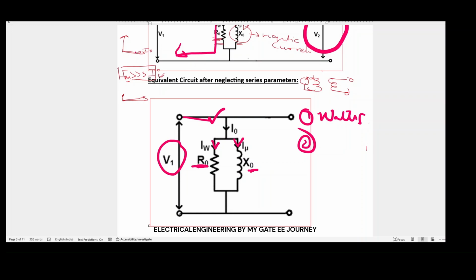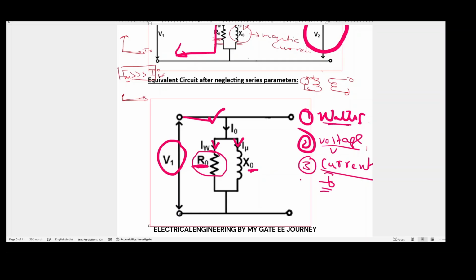Third is how much current it is drawing, which is directly I0, the total current. Voltage is the input voltage. The wattmeter reading is nothing but the power dissipated across this R0. So we can find R0 easily.